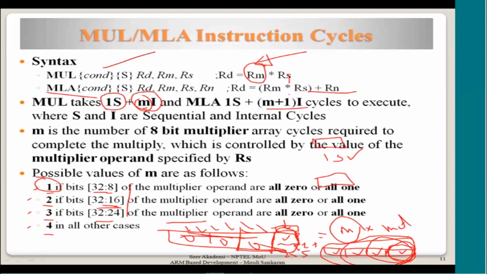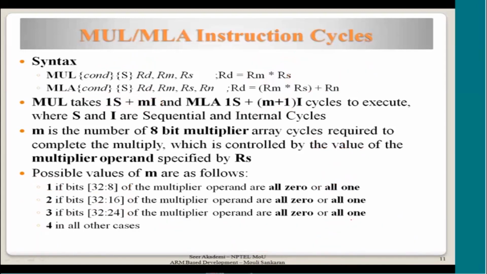But one additional cycle is anyway there, because it has to perform an RN access. Even if it is all zeros, it has to perform an addition. So that one cycle is taken, and then other things are decided by these values. I hope this is clear to you.